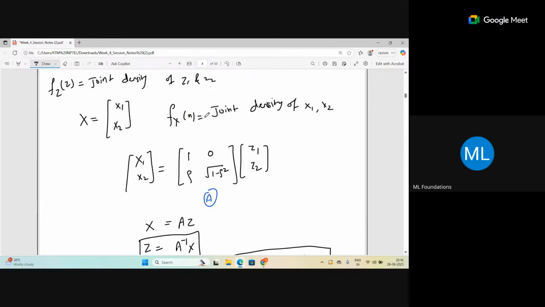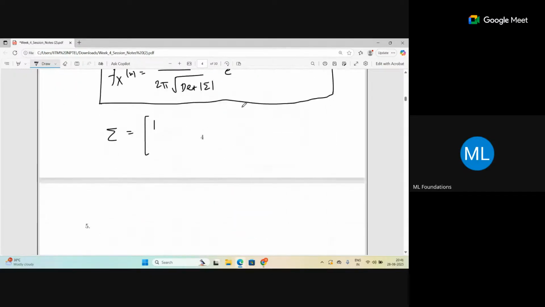In this specific transformation, the covariance matrix will look like this: 1, rho, rho, 1. But in general, if I have different kinds of transformations, this is a covariance matrix, and you can get it by doing A A transpose.